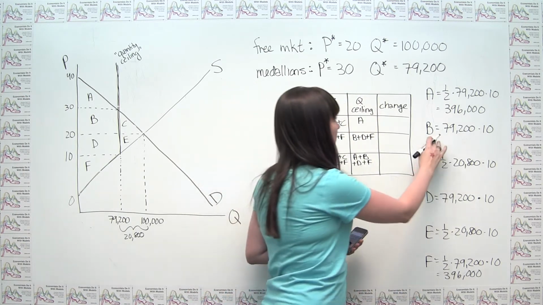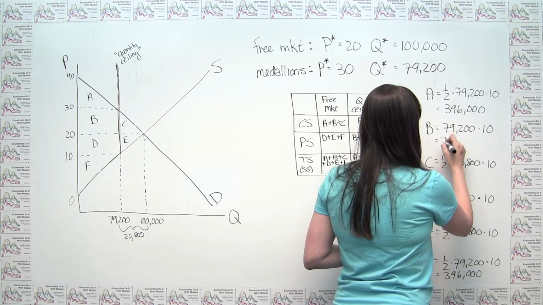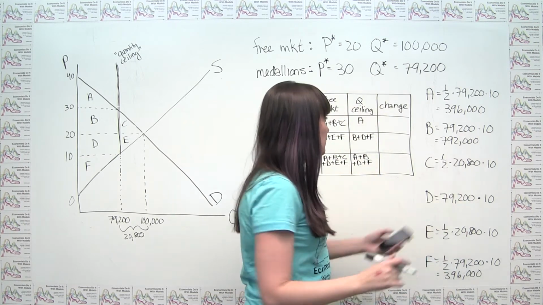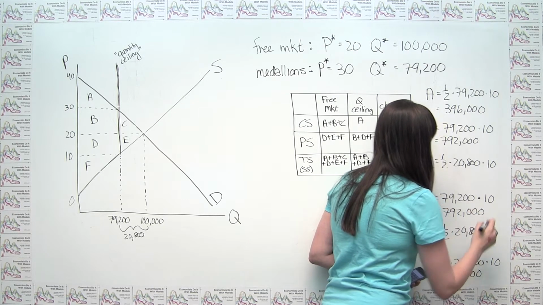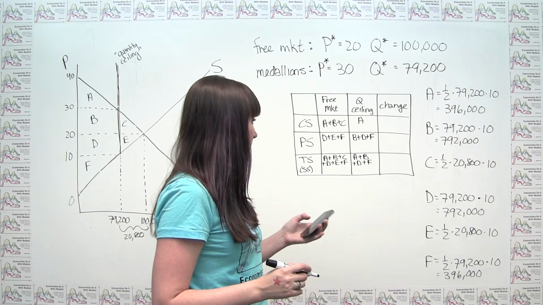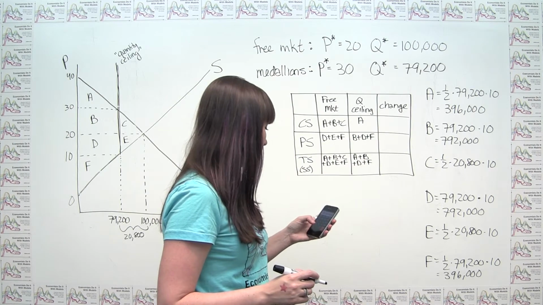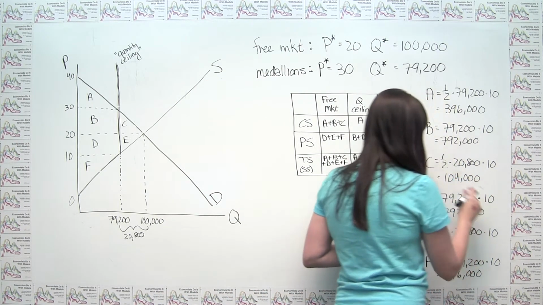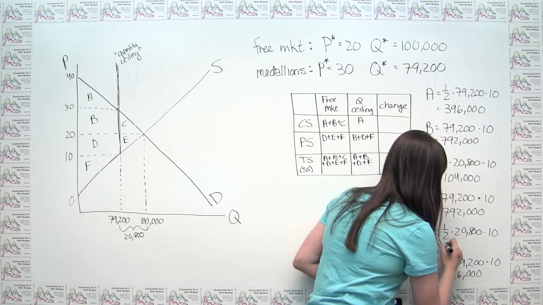Area B, multiplying by 10, is pretty easy: 792,000. Similarly, D is 792,000. Area C is 1/2 times 20,800 times 10, which gives 104,000, and area E is the same calculation, so it is also 104,000.